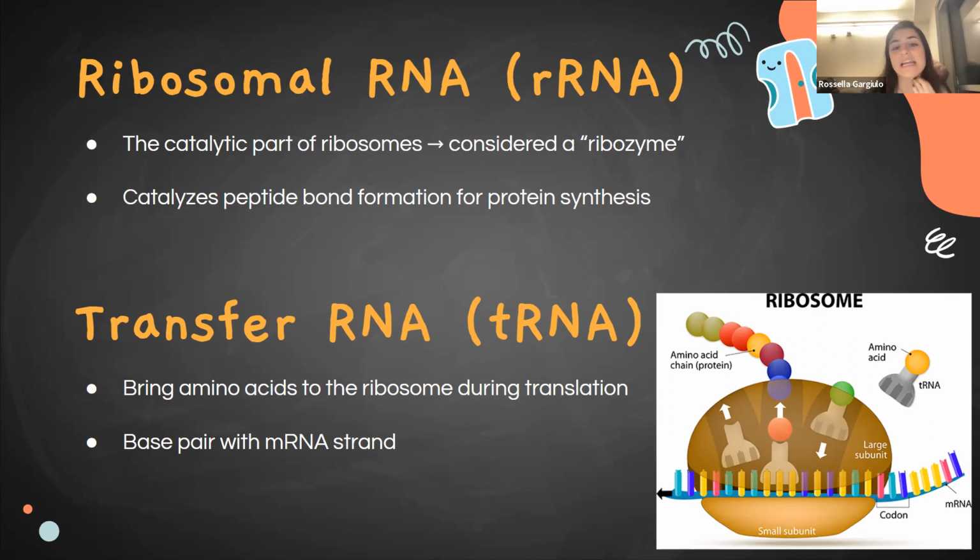Then we have tRNAs, which basically have amino acids on them, and they come into the ribosome and base pair with the mRNA, and then the amino acids grow in a chain with the rRNA catalyzing it. So this is the tRNA, and then the rRNA is somewhere here in the ribosome.